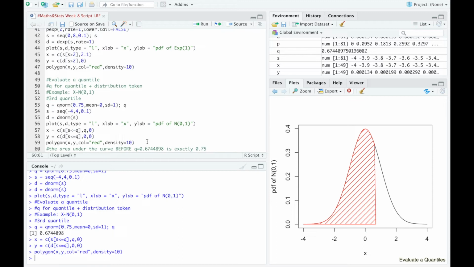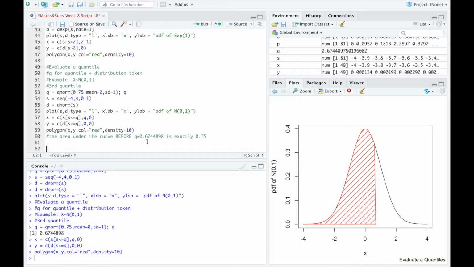I'll show you a second example, because this quantile function will be very important for the topics in the next weeks. Many times we will have to find the z, thinking about the standard normal distribution, such that exactly 5% of the cases are more extreme than z.